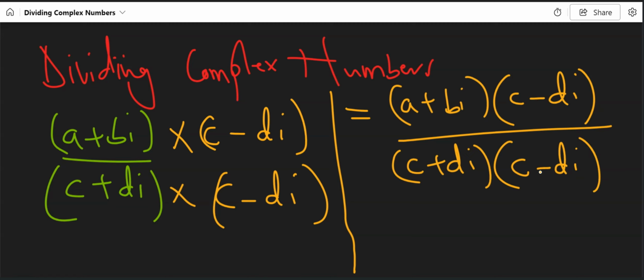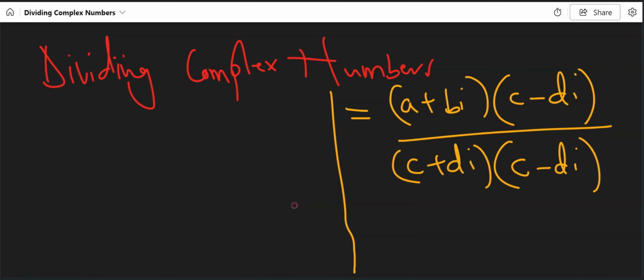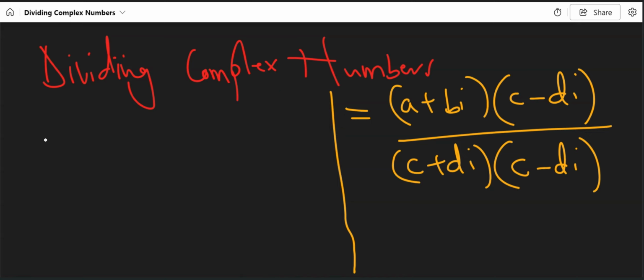This is the first step. You've found the conjugate. Then you're trying to solve the whole equation. The next thing is to open the bracket the normal way, as I taught in my previous video.